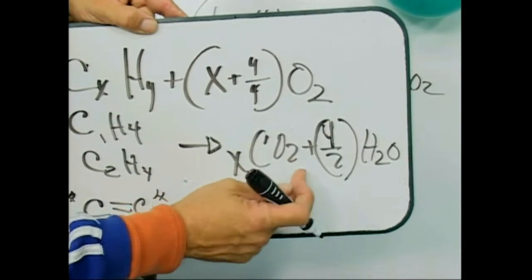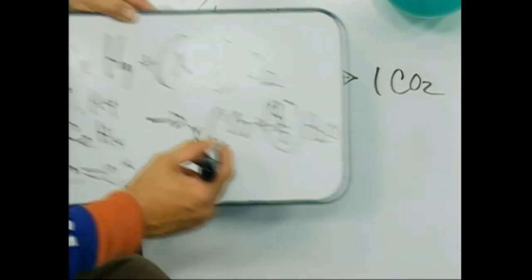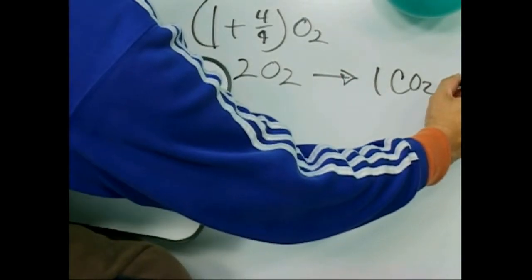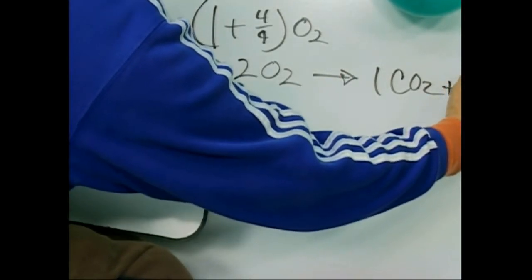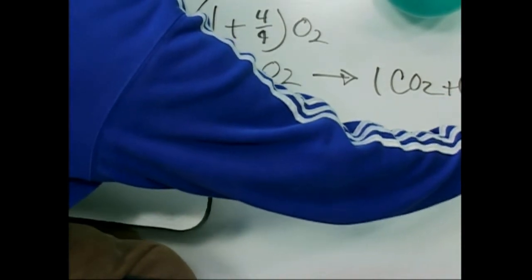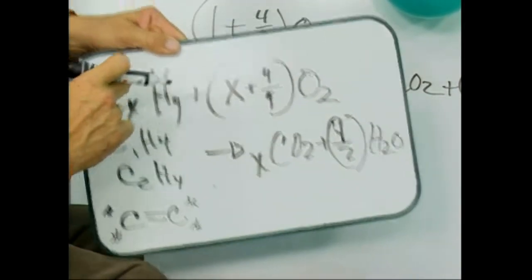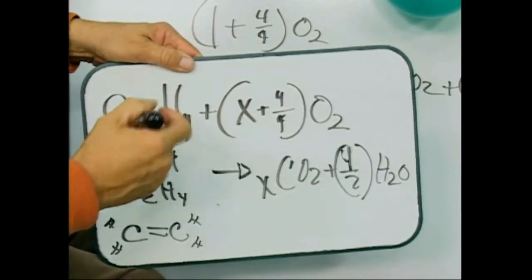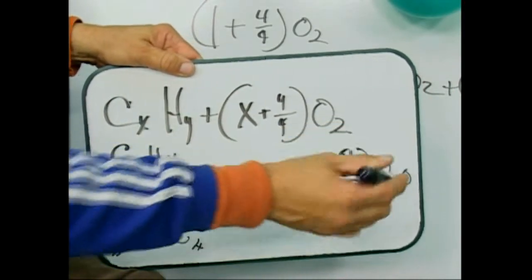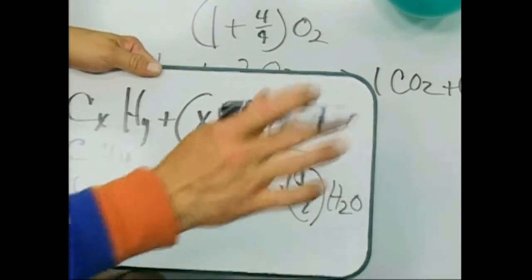We got 1 CO2 plus y over 2. y for methane was 4, so 4 over 2 H2Os. But remember, the reaction we're doing is a hydrocarbon plus O2 makes CO2 and water. So this formula that they introduced here is supposed to work for any kind of balancing.